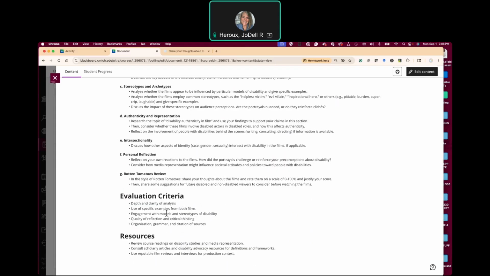How it will be evaluated will be the depth and clarity of your analysis, whether you use specific examples from both films, how you engage the models and stereotypes of disability, your ability to reflect and critically analyze the films, and then just your organization, grammar, and citation of sources, which, because it's writing intensive, is an important aspect.